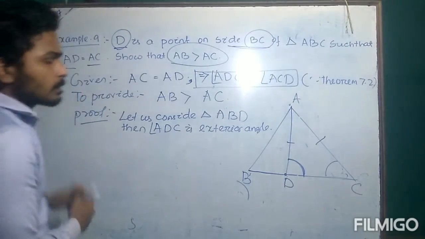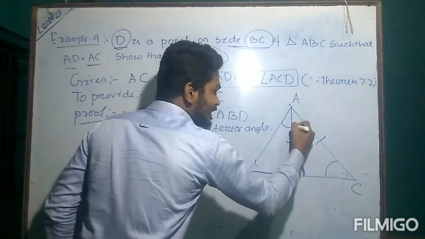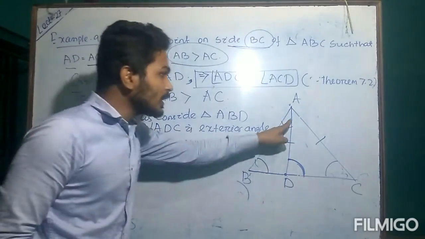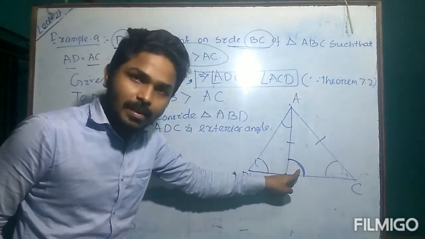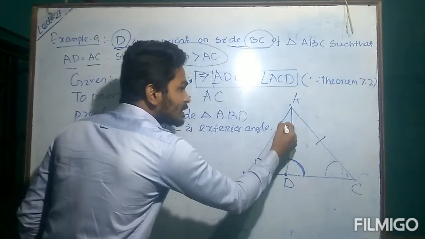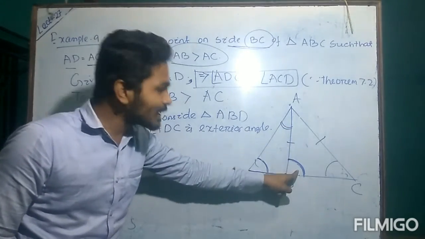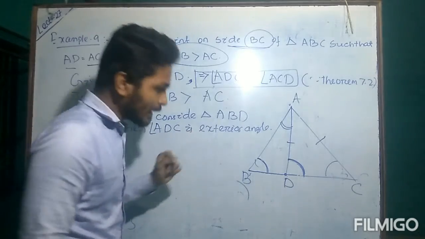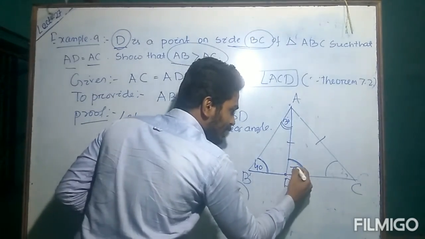So here, for this triangle IBD, this is the exterior angle, and these angles are known as the interior opposite angles of this exterior angle. So this angle is equal to this angle plus this angle. It means this angle is greater than this angle, and this angle is definitely greater than this angle. Let's say this is 40 degrees, this is 30 degrees, then this must be 70.